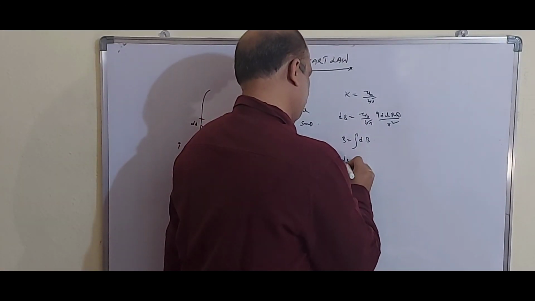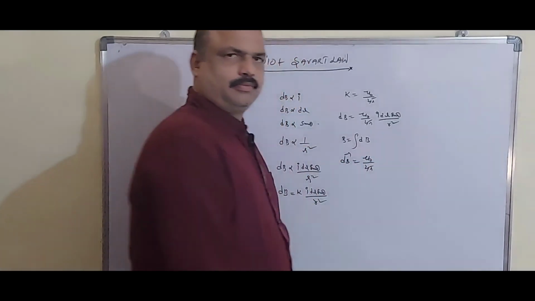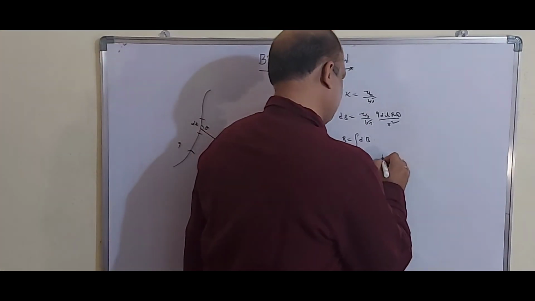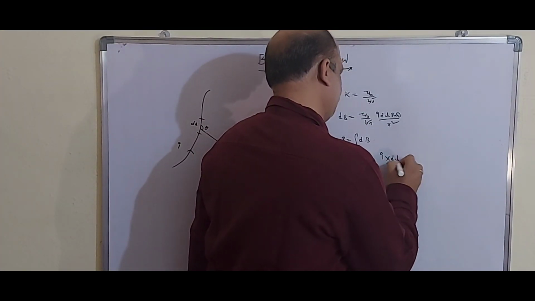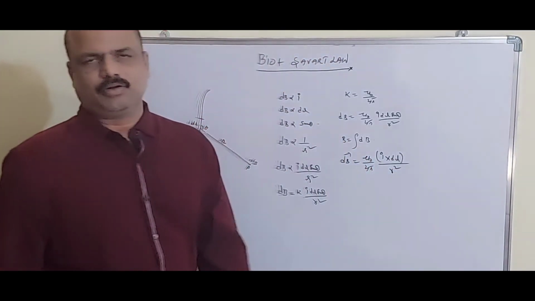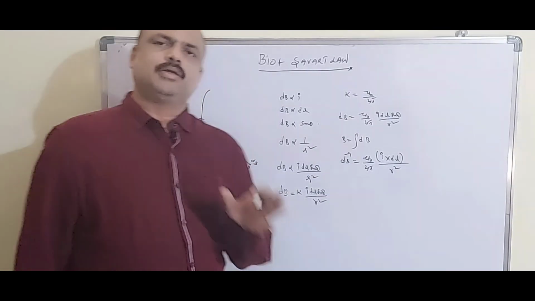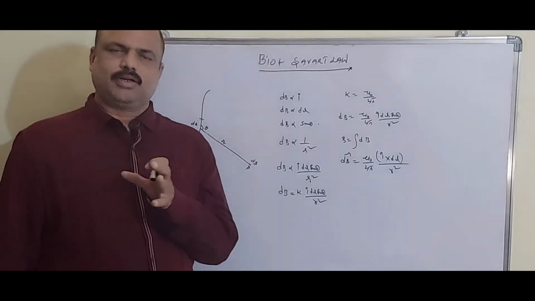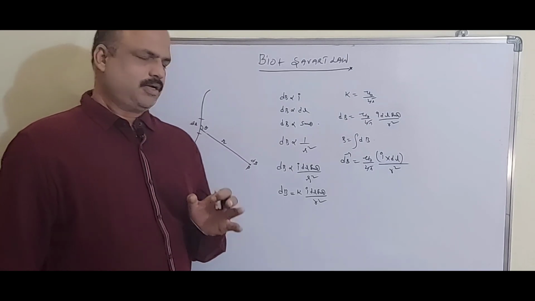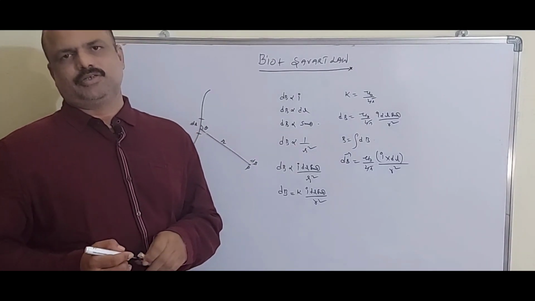So dB vector is equal to mu naught by 4 pi, I dl cross r divided by r square. This is the vector form of Biot-Savart law, and this Biot-Savart law is used for irregular shape of conductor only. So this is a very important question from the examination point of view.